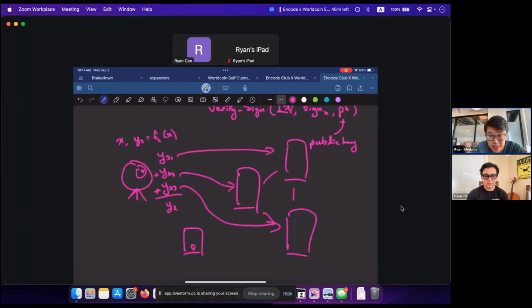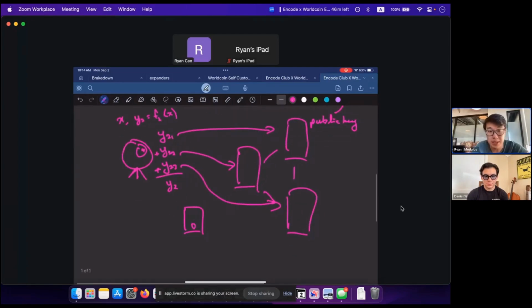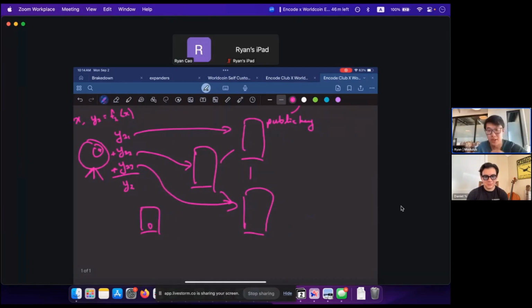Technically, the way this is actually done is using something called Shamir secret sharing. I'm sure Lucas can talk about this a lot more. But the very short TLDR is that you generate some random polynomial, which I'll call P of X, such that P of 0, for example, equals Y2.